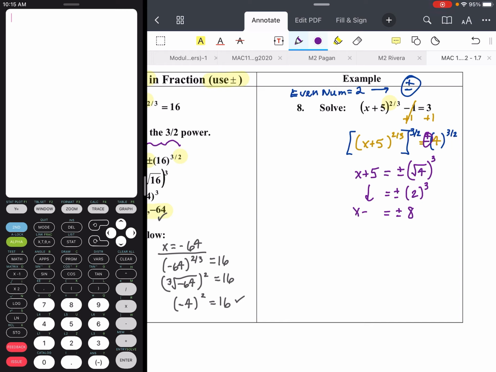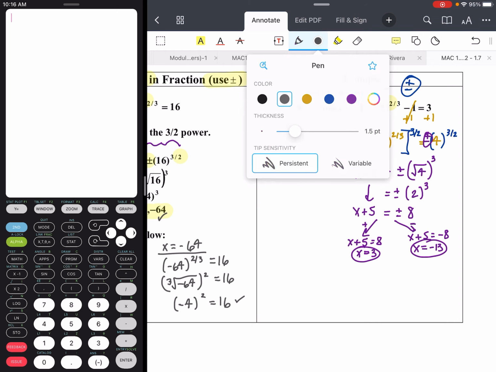So now I have x plus 5 equals plus or minus 8. All right, so if I use the positive sign on the right, I have the equation x plus 5 equals positive 8. Subtract 5 from both sides, and I get x equals 3. If I use the negative sign on the right, I have x plus 5 equals negative 8. And when I subtract 5 from both sides, I get negative 13.